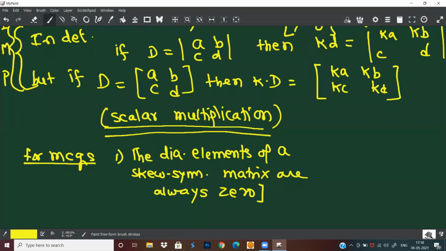Okay? Now, one more thing actually I want to tell you. They tell you to write any matrix as partly symmetric and partly skew symmetric. How to do that? Express.